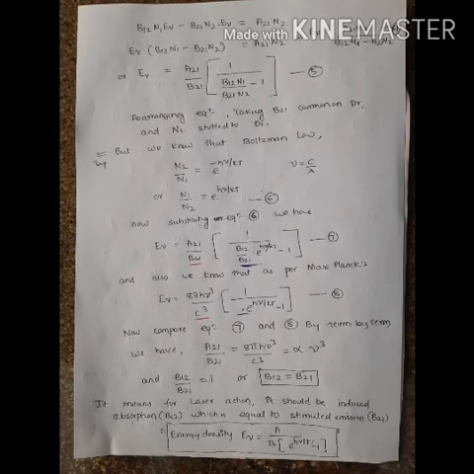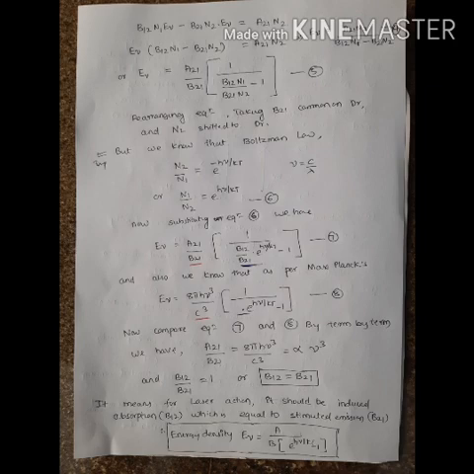Now rearranging the terms, we get E mu into B12 N1 minus B21 N2, which is equal to A21 into N2, or we can find the expression for energy density, that is E mu, which is equal to A21 N2 divided by B12 N1 minus B21 N2, say equation 4.